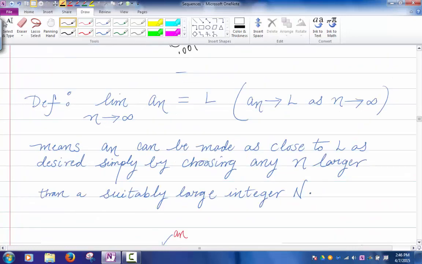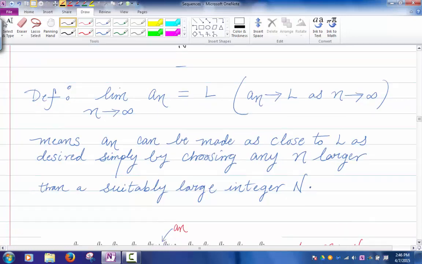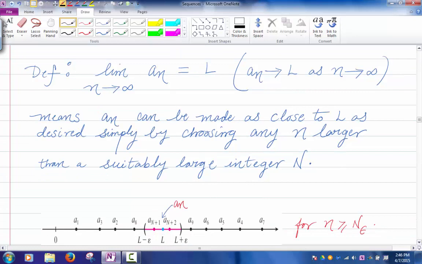In any case, let me now write down formally the definition of the limit as n goes to infinity of an is L. Here, L represents a real number. The limit of an is L means that an can be made as close to L as desired simply by choosing any n larger than a suitably large integer N. Okay?